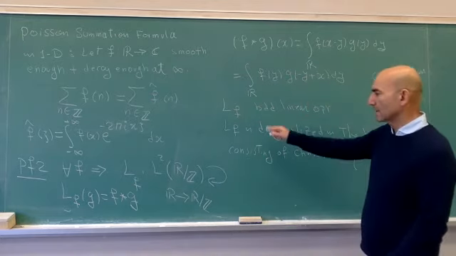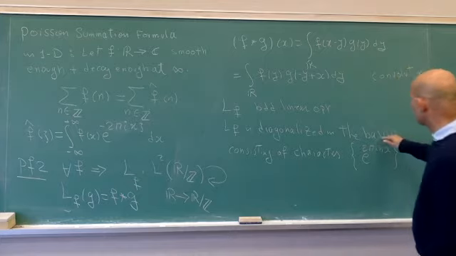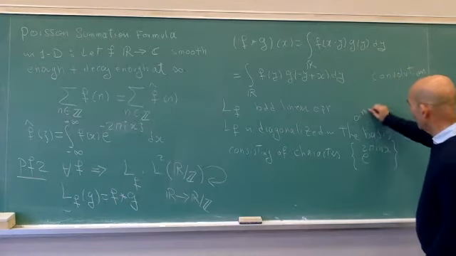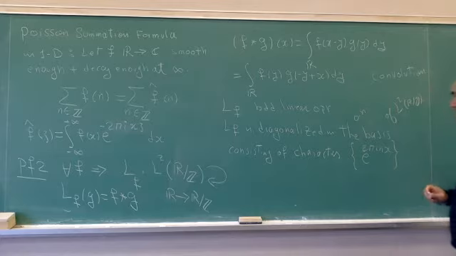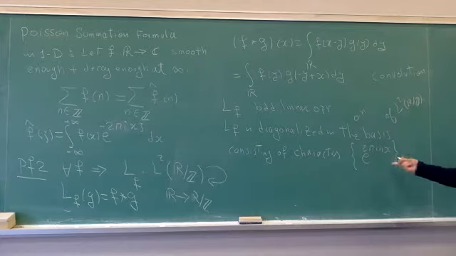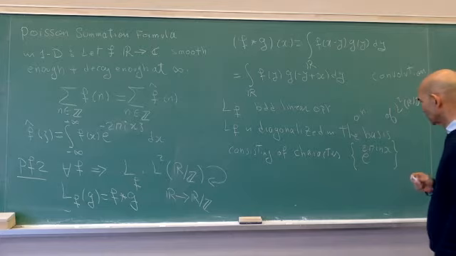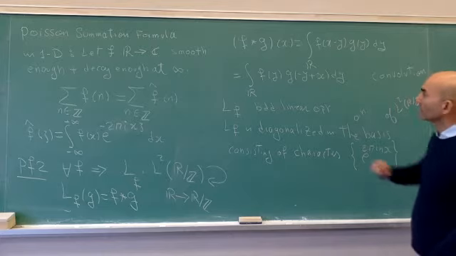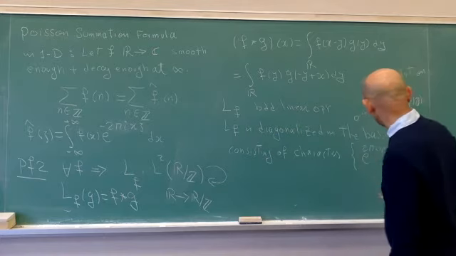These characters are e to the 2 pi i n x. This is an orthonormal basis of L2 of R modulo Z. Because the mass of [0, 1] is 1 in this case, that's fine.